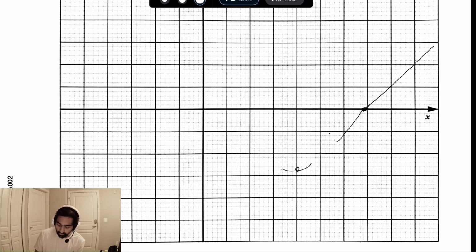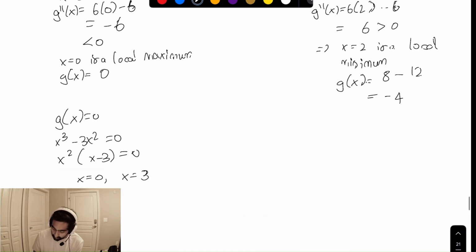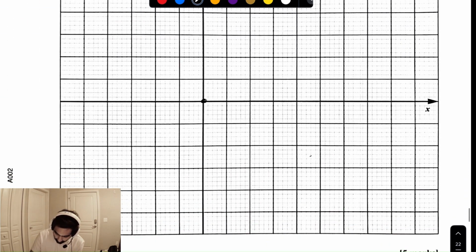But now let's actually plot it. They gave us a grid, so it would make sense for us to use the grid properly. So what we found was the point was 2, minus 4. So 2, minus 4 would be here, 2, that's 2, and then minus 4 is here, right?